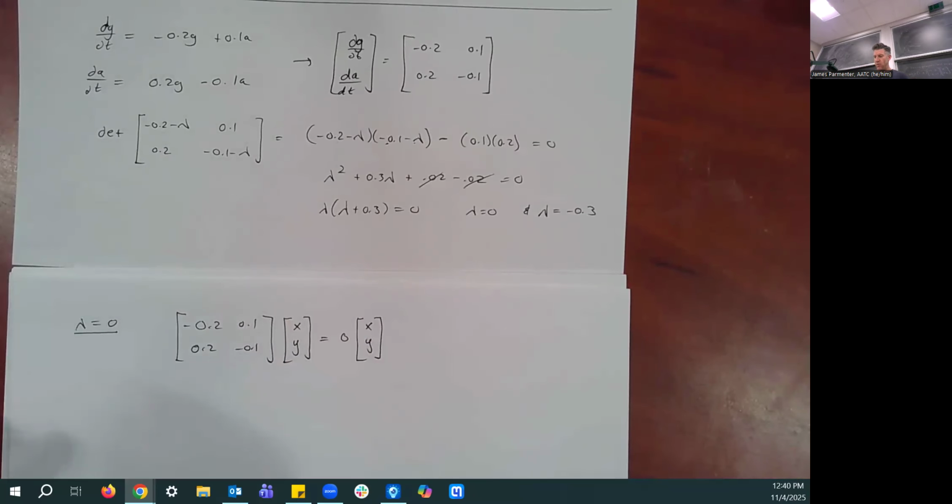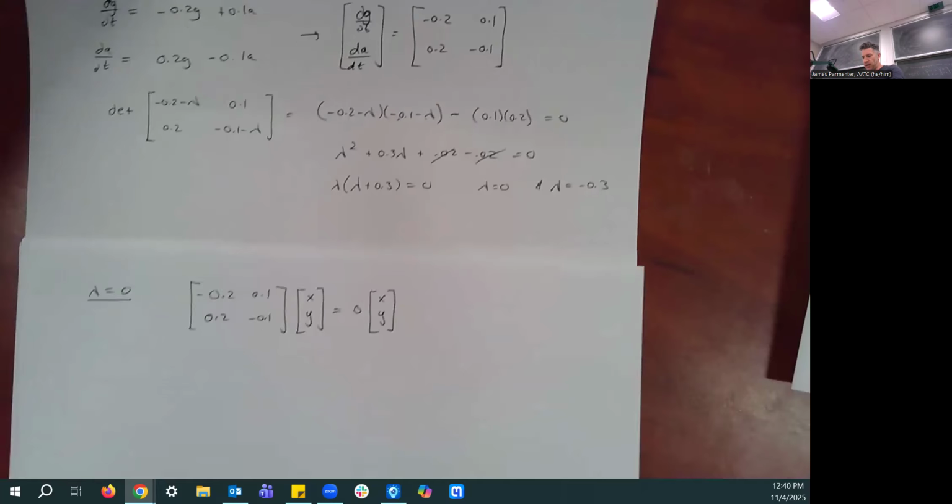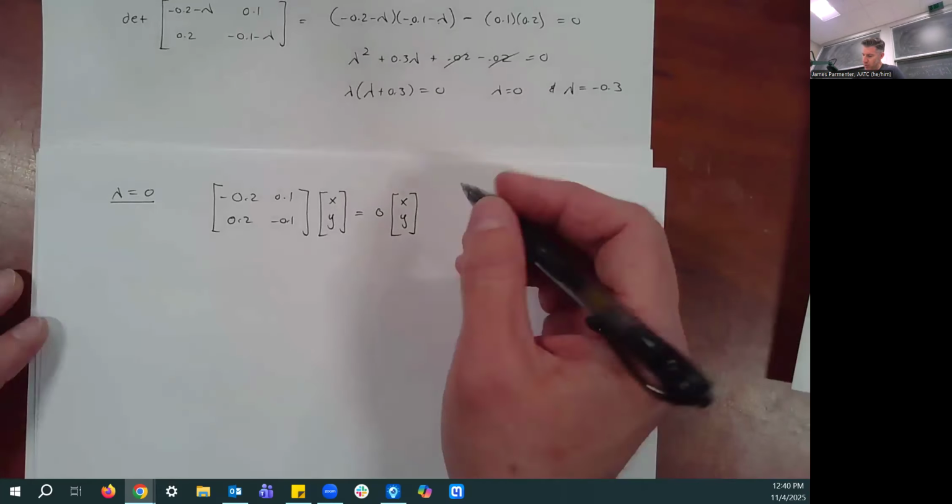Does he prefer to do it this way or the way where it's A minus lambda I times the vector equal to the 0 vector? Okay, great. Both is good. That sounds like he's fine with you doing either way, which most people should be.